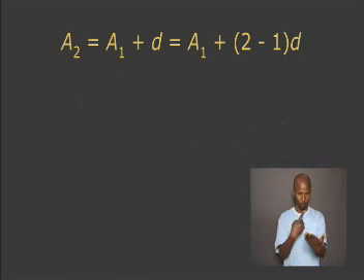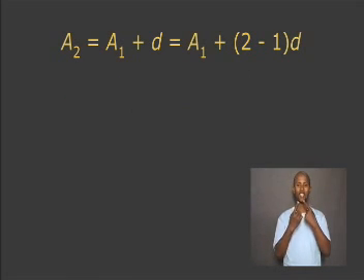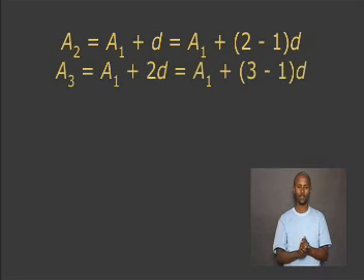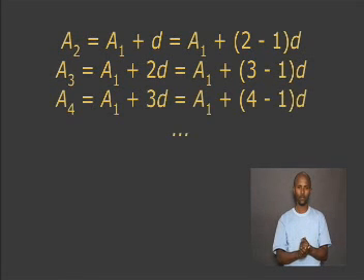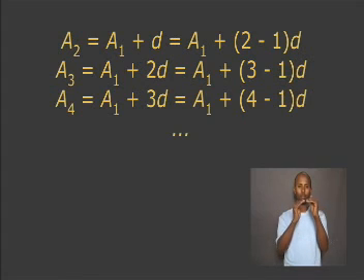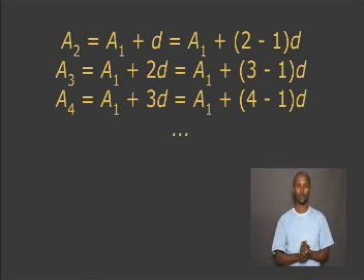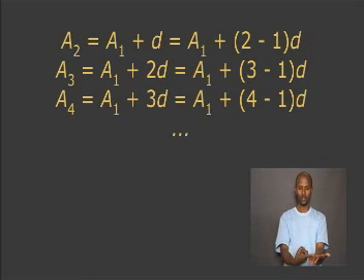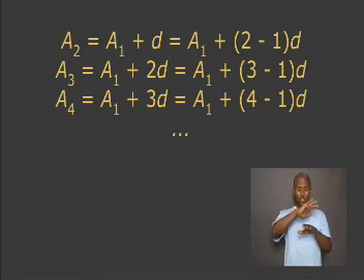Therefore, we can say that A2 equals A1 plus D. A3 is equal to A1 plus 2D. A4 is equal to A1 plus 3D, and so on. In doing this, we have proved a theorem for the general term AN.